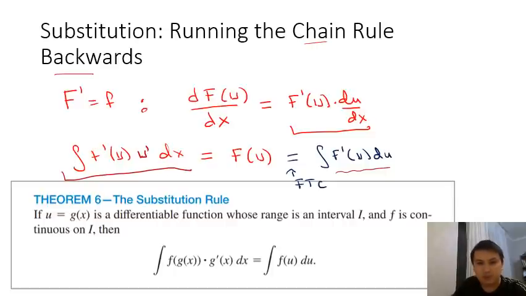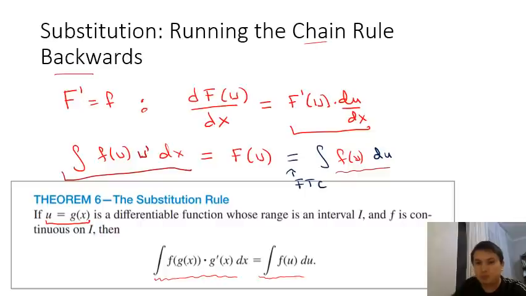Now say you have some complicated function like this. The substitution rule tells us that if I make this substitution u equal to g of x, then this complicated integral on the left becomes a much simpler integral, f of u du.